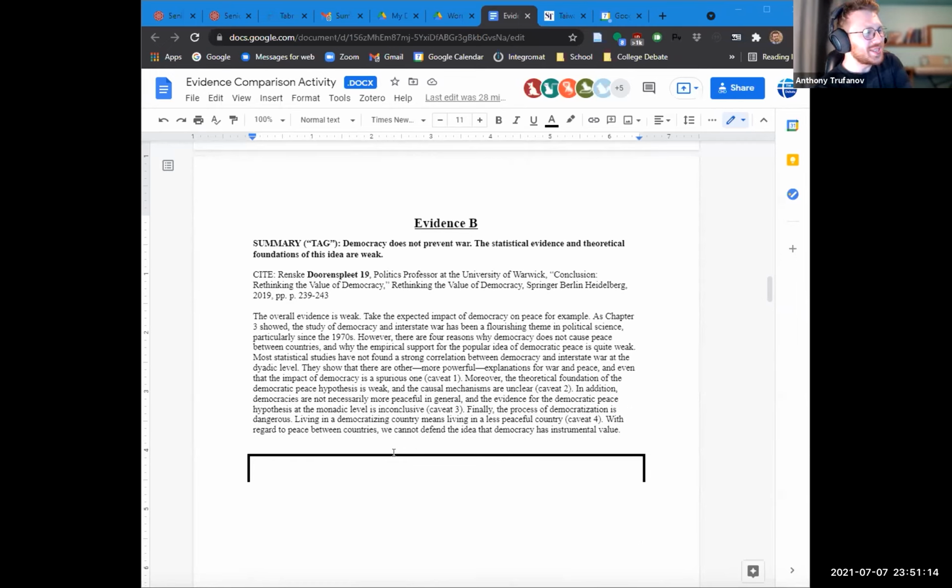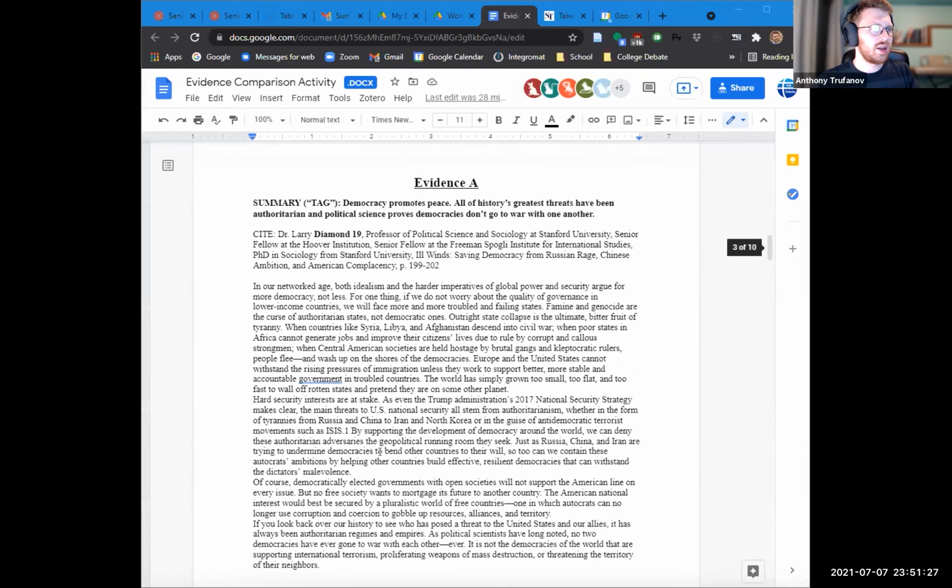So evidence A does bring up some examples of places where non-democracies are aggressive, right? But if you look at it, how many examples is it really giving? Evidence A has 1, 2, 3, 4, 5, 6, 7, 8, 9, 10 examples. And some of these examples aren't specific.